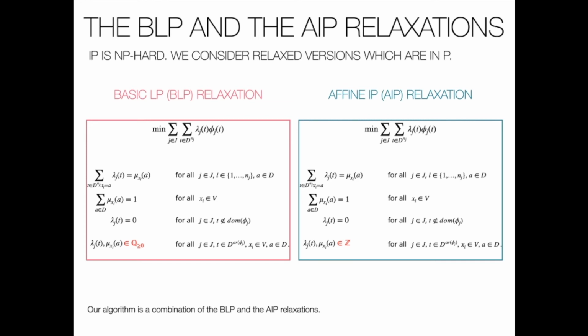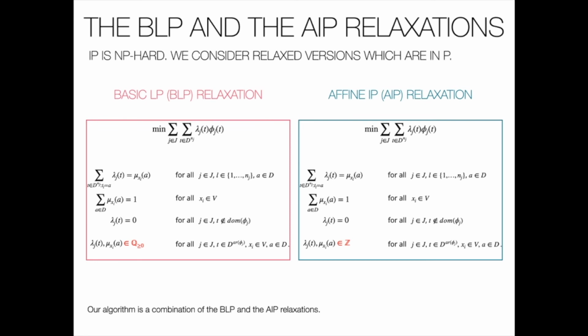These two minimization problems are defined exactly as the integer program that I showed you in the previous slide, except for the fact that the variables in the BLP relaxation are required to take values in the set of non-negative rationals, and the variables in the AIP relaxation are required to take values in the set of integers.